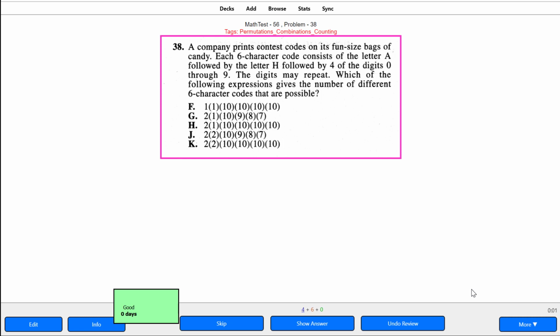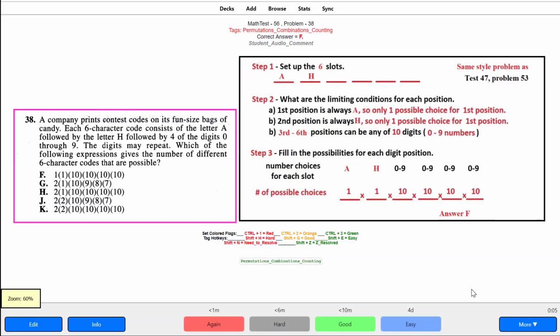Okay, problem 38, this is a permutation, or really it's a counting problem. As we read the problem, we've got 6 characters. So I would say always make a slot, put 6 slots out there. The first 2 slots, in this particular problem, are designated A and H. So that's a 1 and a 1.